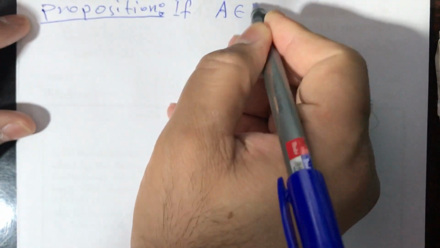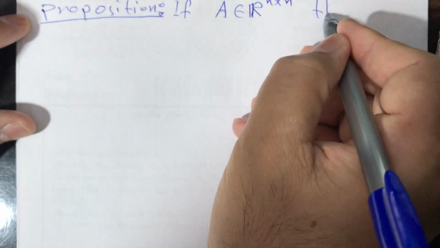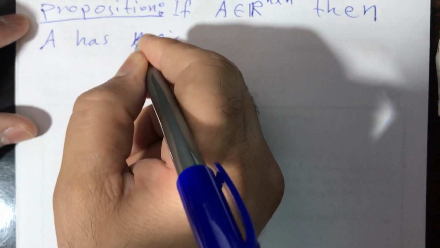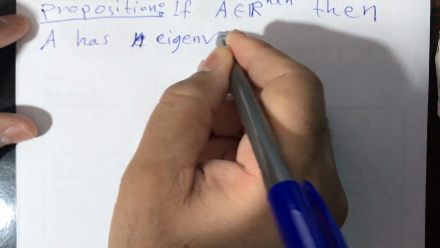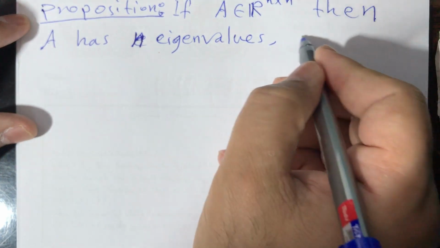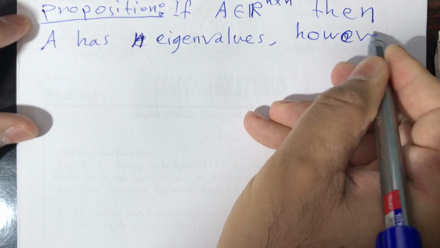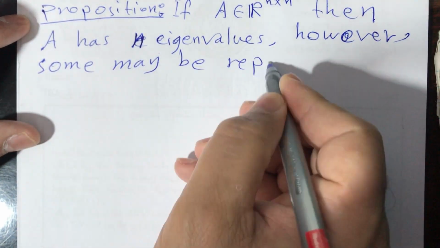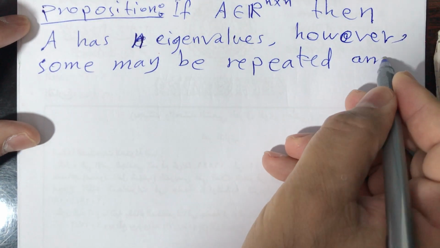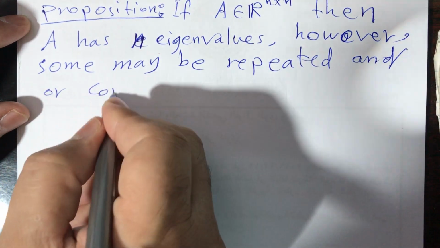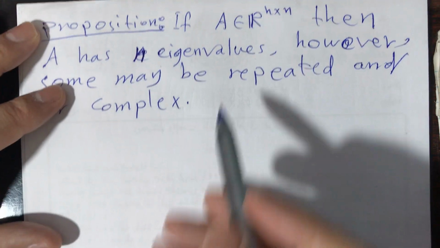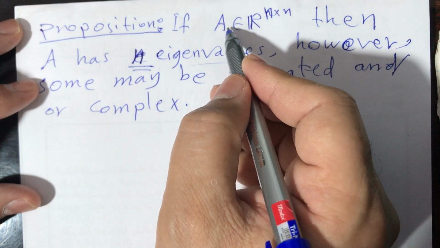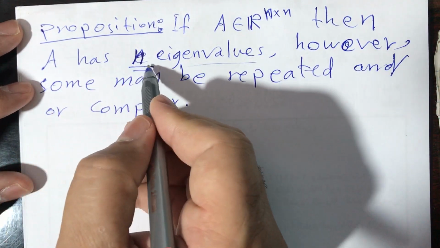If A belongs to R n times n, then A has n eigenvalues.